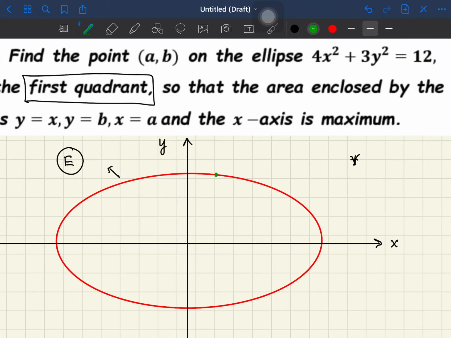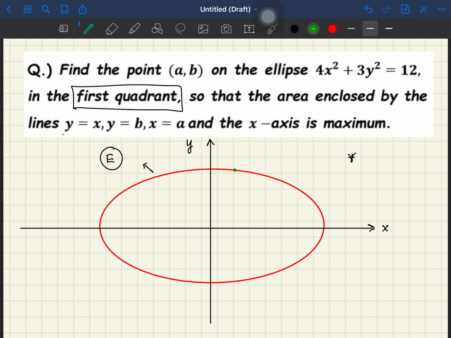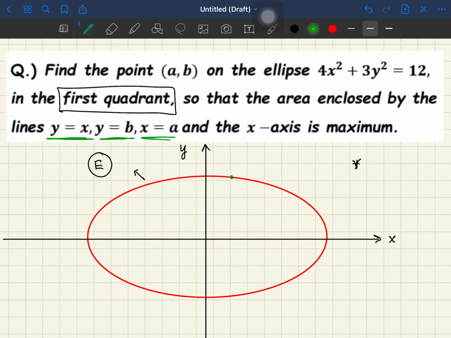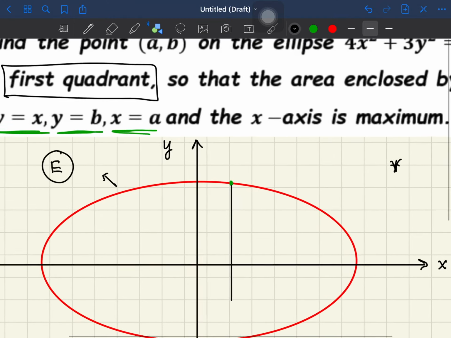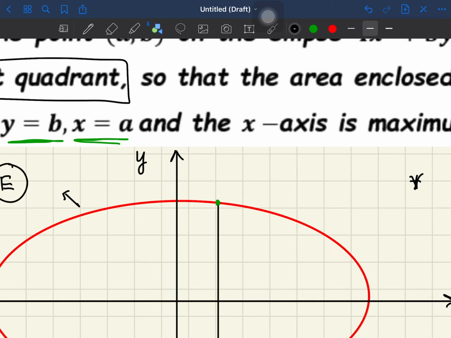This area is enclosed by the lines y equals x, and y equals b, and x equals a. The line x equals a is this one, which you can draw vertically, parallel to the y-axis, and then also y equals b, which I can just draw like so.